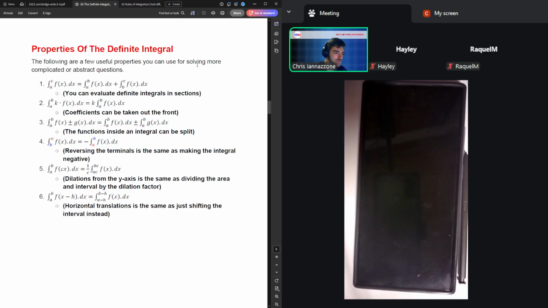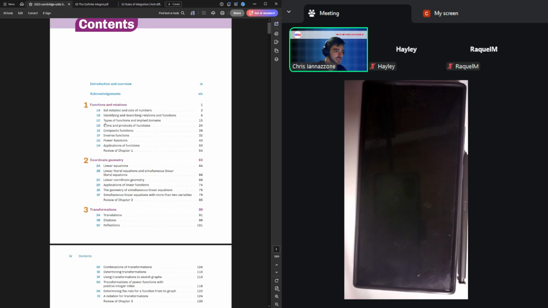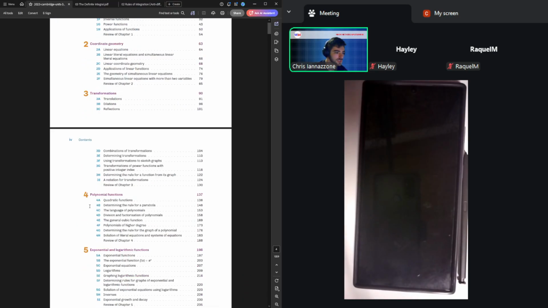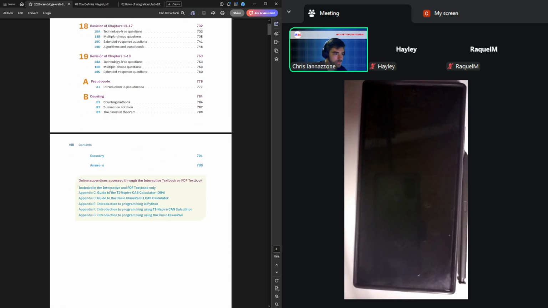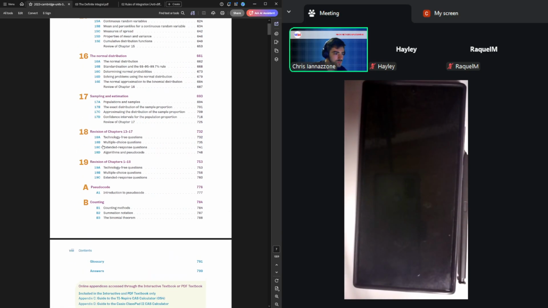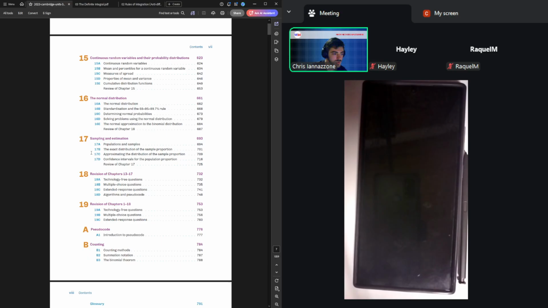I mean, it can't hurt to have a look at it, but probably the best checklist is going to be making sure you can smash out all of the questions in the textbook that you've got, whether it's Jacaranda or Cambridge. Do the review chapters, especially focusing on the extended response sections of each of those, because that's where the bulk of the marks are going to be.